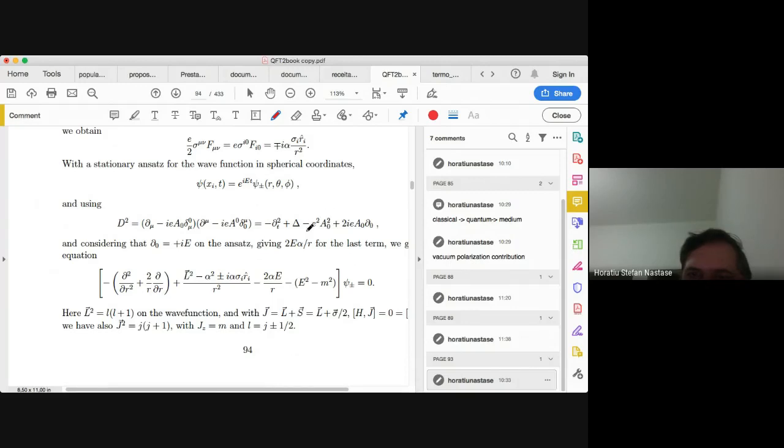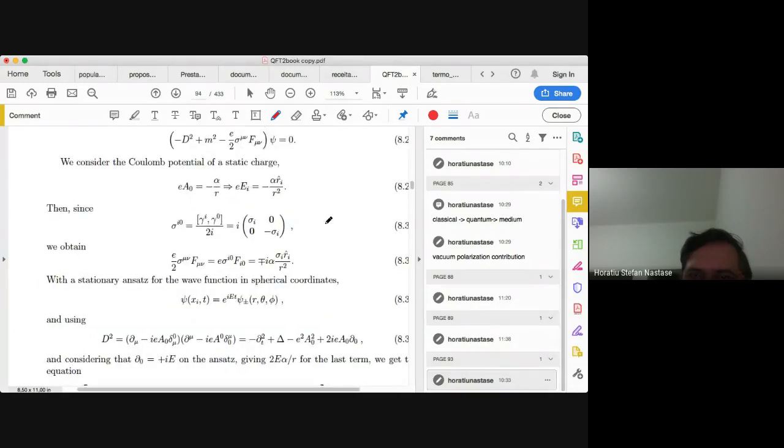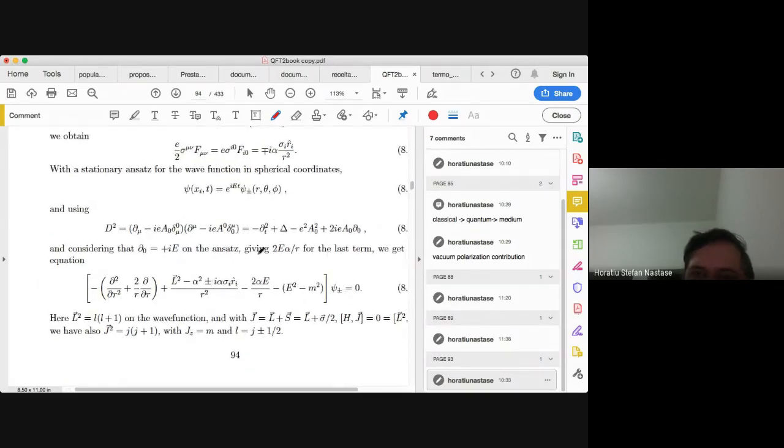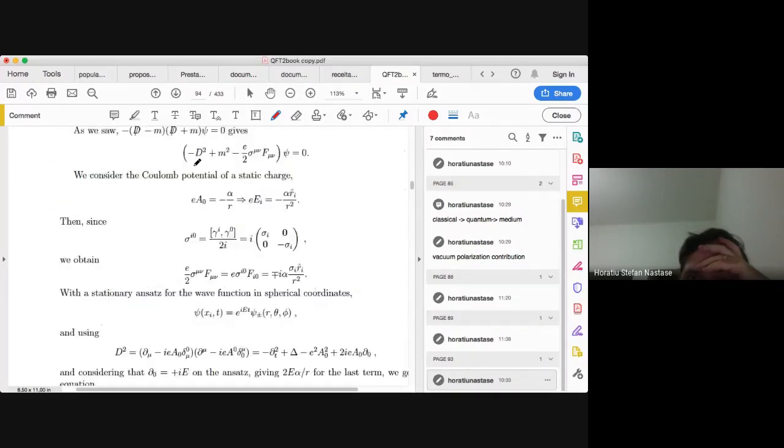You get this one, eA0, which is minus alpha over r, and this term comes from the extra term.